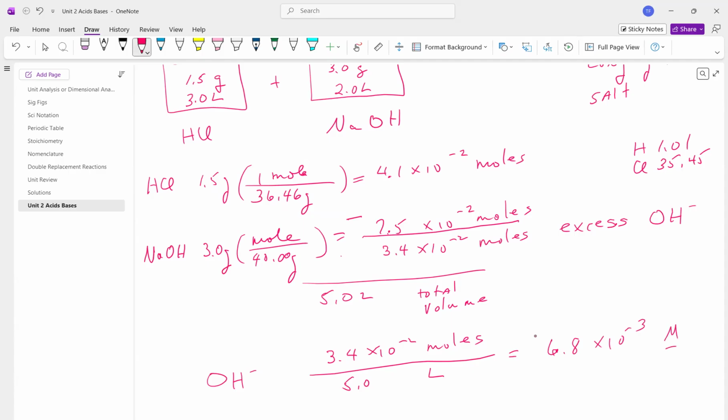Okay, so it's 6.8 times 10 to the minus 3 moles per liter. Now, because OH is in excess, we're going to calculate pOH. So that means we're going to take the negative log of 6.8 times 10 to the minus 3.